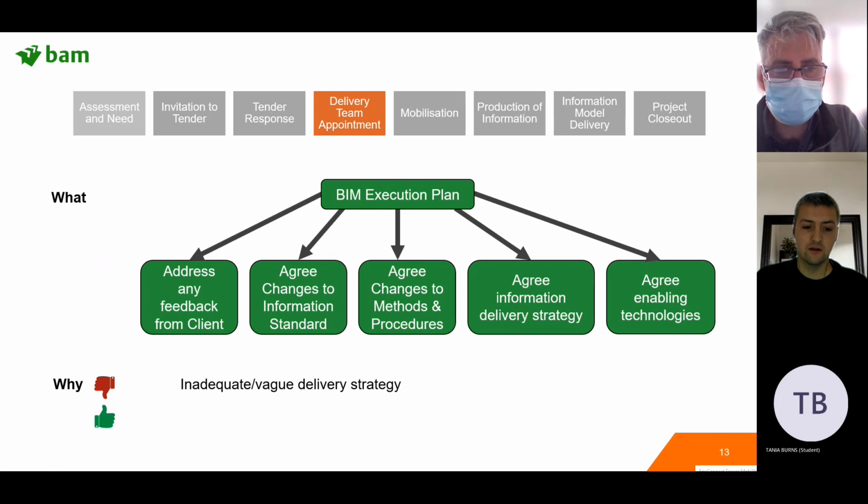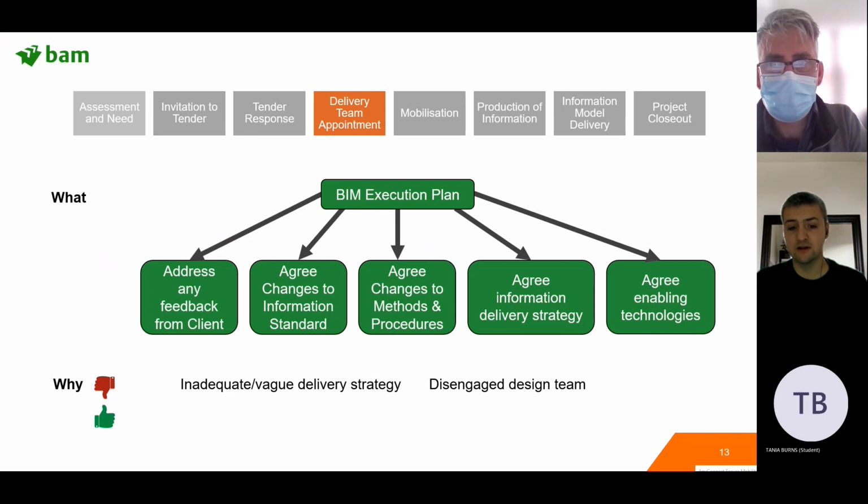Okay, so these processes avoid an inadequate or a vague delivery strategy, and if you don't do it well, if this isn't done collaboratively, you could have a disengaged design team.